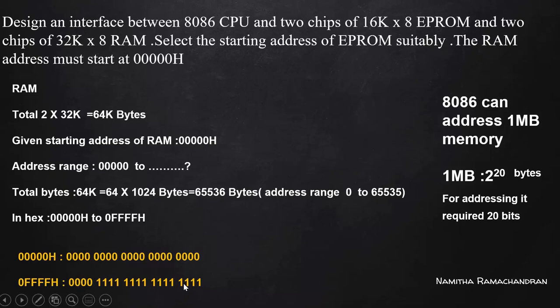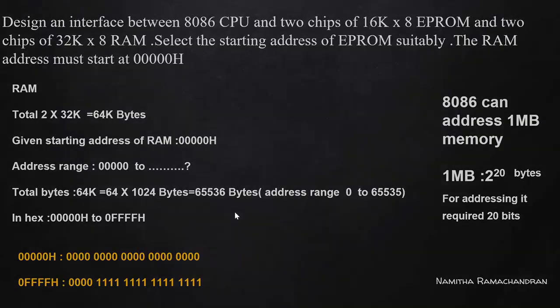The significance of these 20 bits is that the 8086 can address a total of 1 MB memory. 1 MB means 2 raised to 20. For addressing each and every byte of this 2 raised to 20 bytes memory, we need 20 bits. So for these 20 bits, we can group 4 bits and represent the hexadecimal address like this.